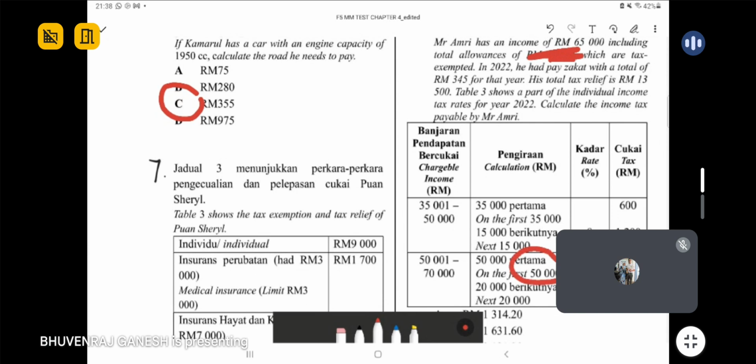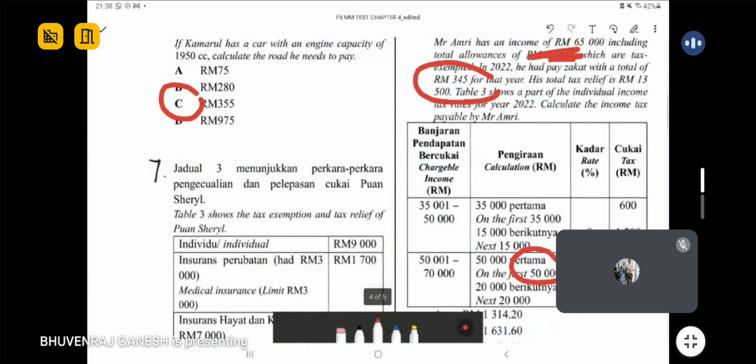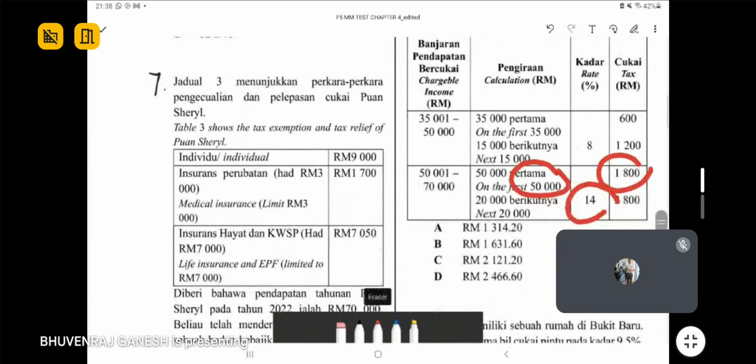You will get 2010. Not yet finished. You must minus zakat. Okay, so minus zakat 345. So final answer, sorry, you should get 1665. Okay, no answer here. I think something wrong with the question. Your answer should have 1665.